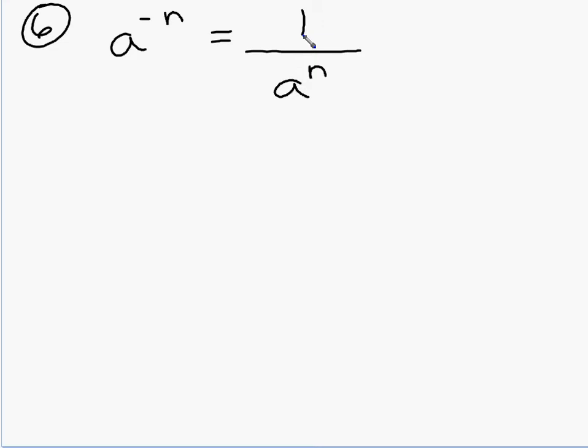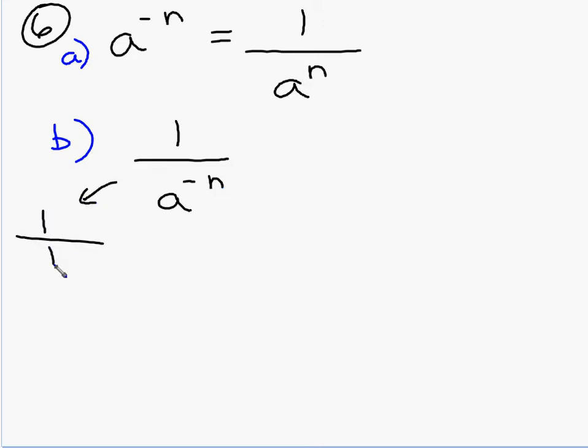Now, I'm going to call this part A. Part B would say, what if I had 1 over a to the negative n? Well, I could show you with, technically, I'm going to come over here to the side. This means 1 over a to the n. So then you multiply by the reciprocal, okay? So 1 times a to the n over 1.